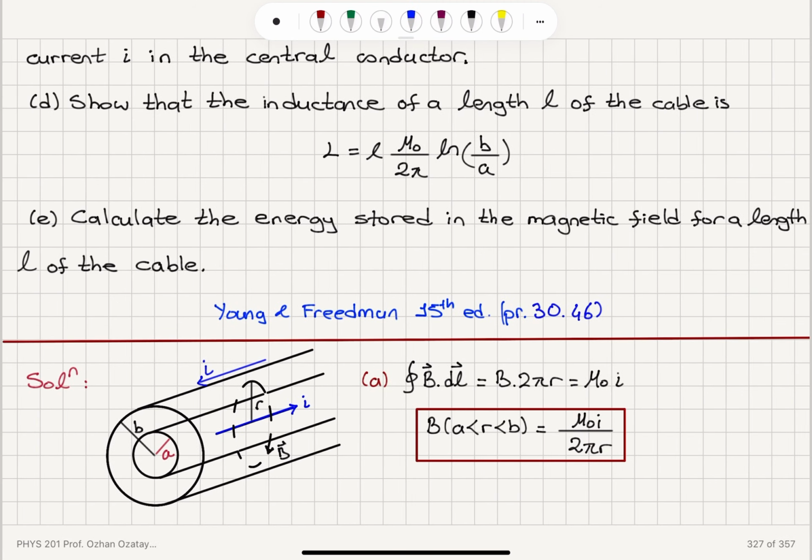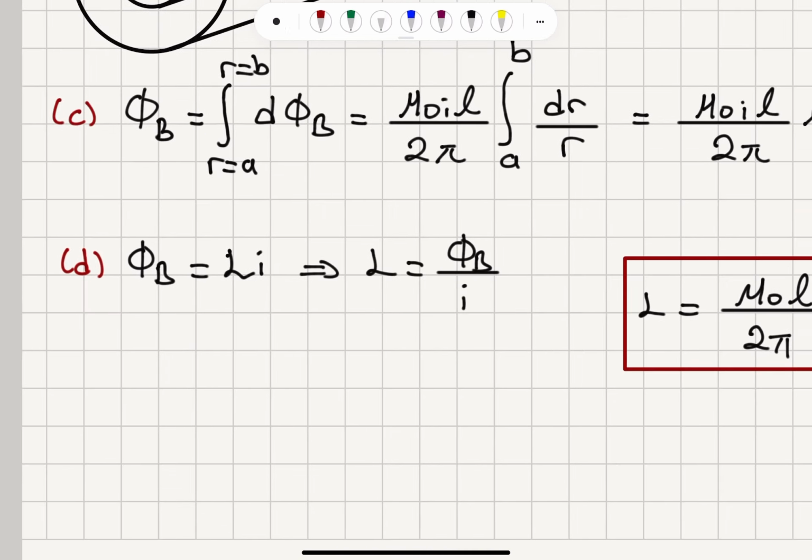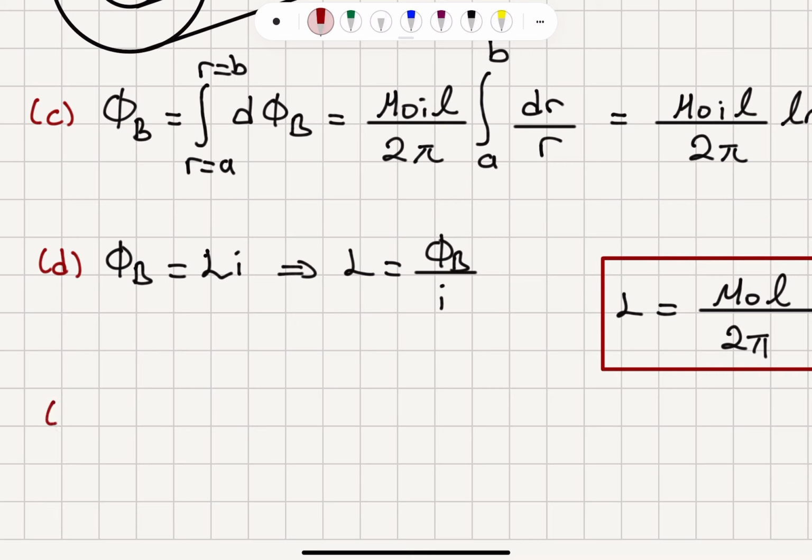Part E, calculate the energy stored in the magnetic field for a length L of the cable. What is the energy stored?